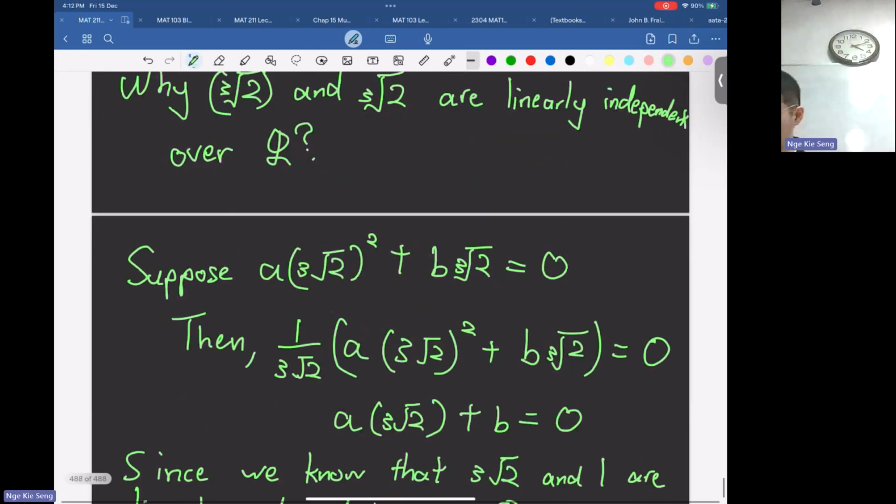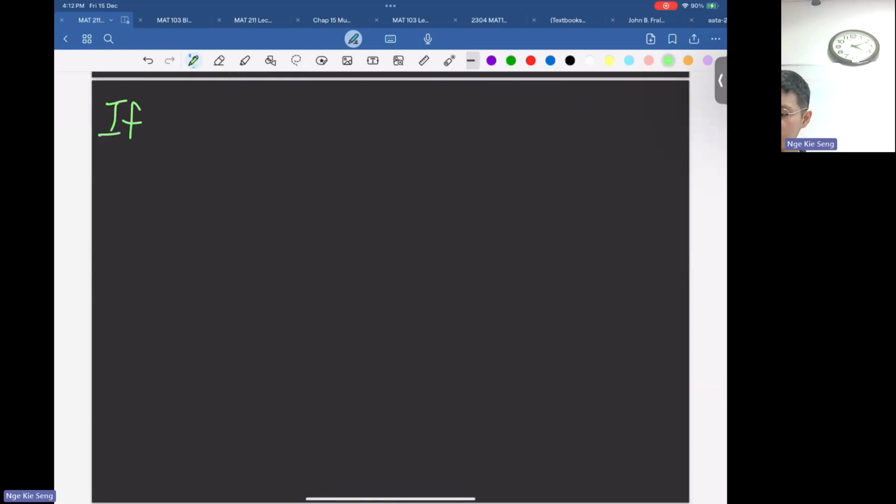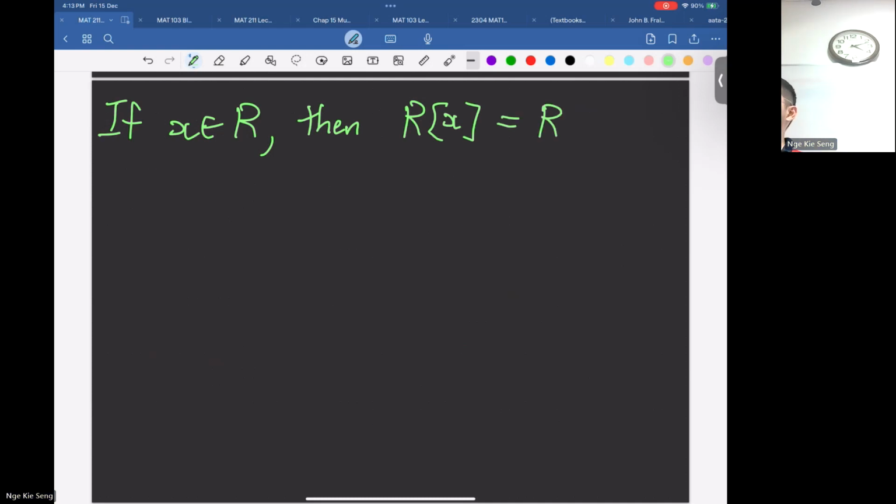Okay, so let me give you another statement. If X is in R, then R adjoin X, we call it adjoin with square brackets, this polynomial ring is what? It's really just R. You can show the inclusion, left to right, right to left.